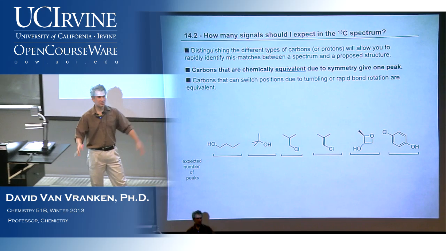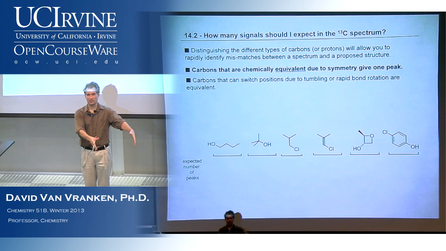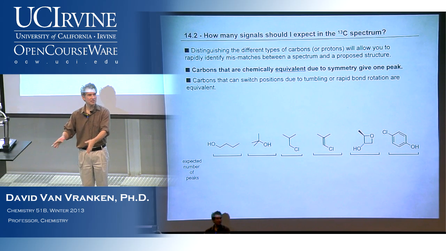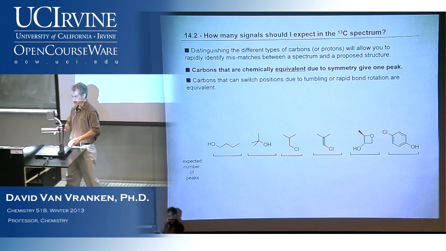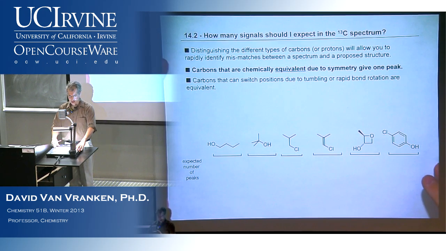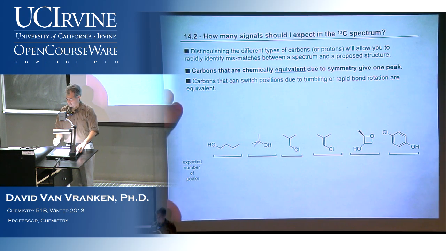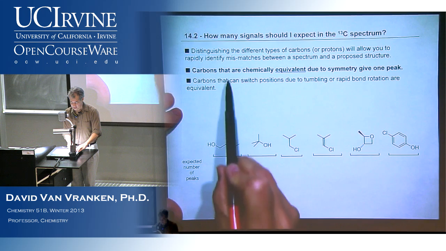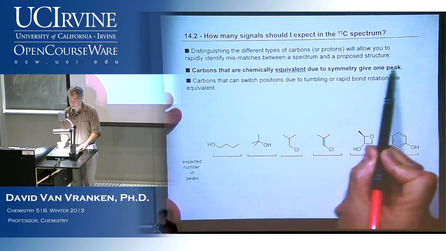This is the simplest way for you to tell, does my spectrum match this structure, or does my structure match this spectrum? Once I look at the structure, how many signals do I expect to see? The fundamental rule here is that carbons that are chemically equivalent due to symmetry give one peak.